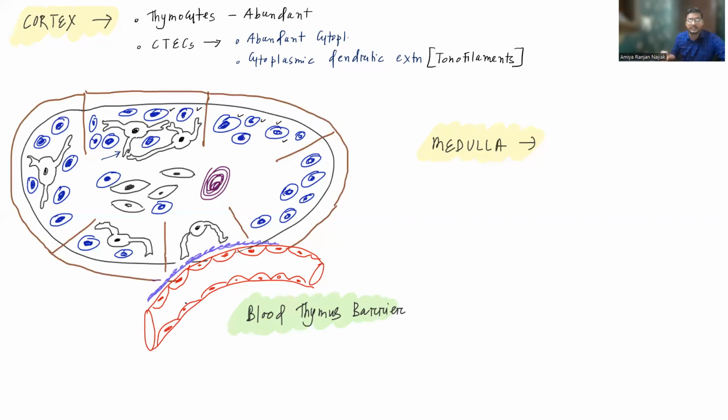Next thing is, what is the function of these cortical thymic epithelial cells? The first function is that they produce various factors. They will produce thymopoietin, they will also produce thymosin and thymic stromal factor.